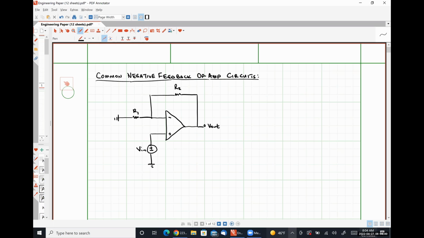So to develop the relationships for these circuits, we are literally just going to apply that three-step process that we developed the last time we talked about OpAmps to figure out what these relationships are. Okay.